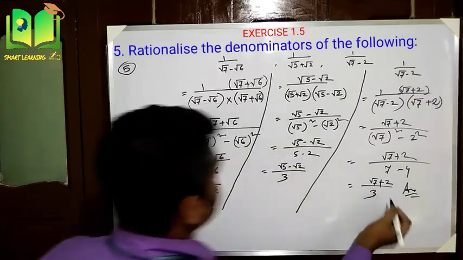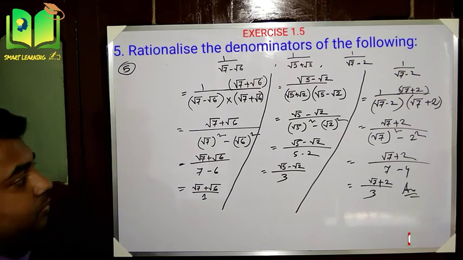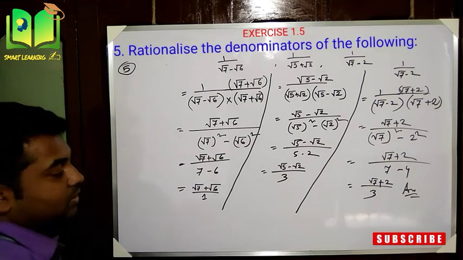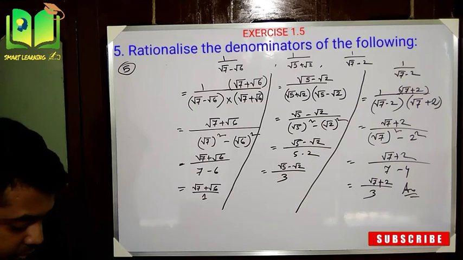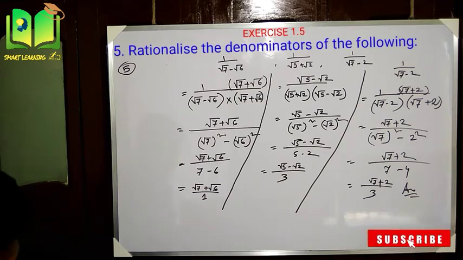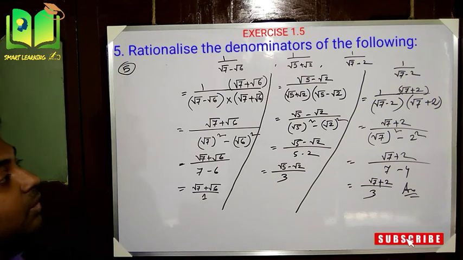Answer. See 3, no root sign is there. So this way we will do. You must practice the example sums of NCERT. So here we complete exercise number 1.5.